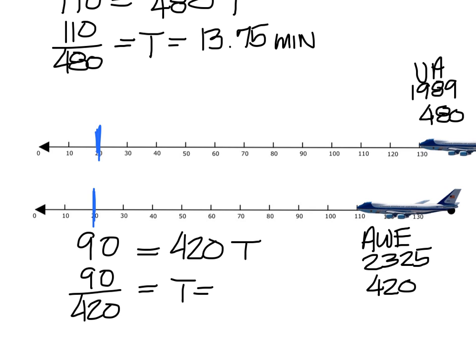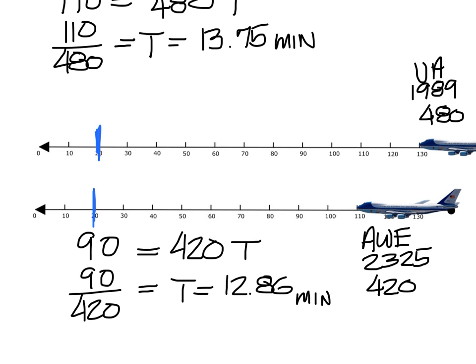And that gives me what units? Minutes. 12.86 minutes. Which aircraft makes it to the blue mark first? AWE 2325. That's right. AWE 2325 makes it there first.